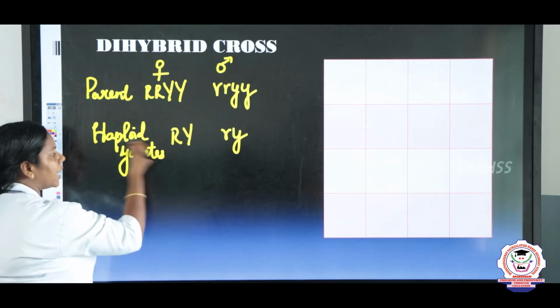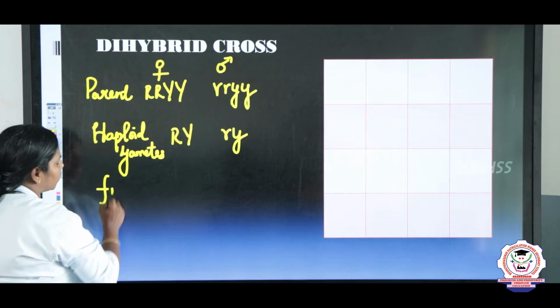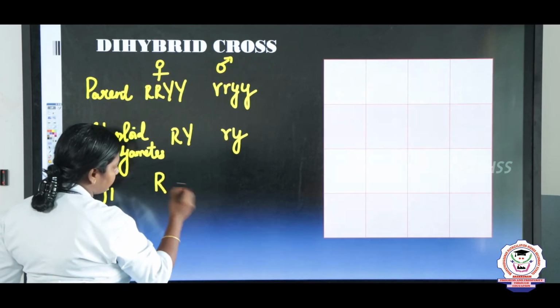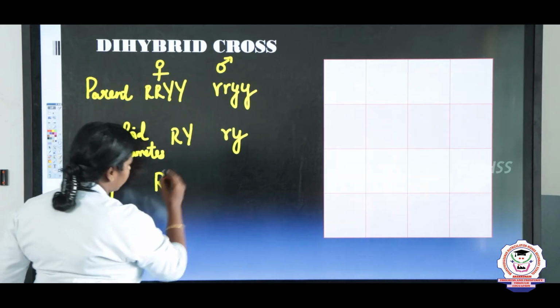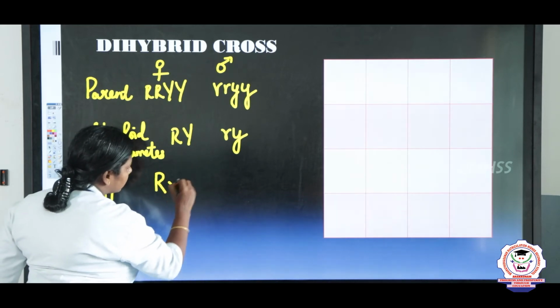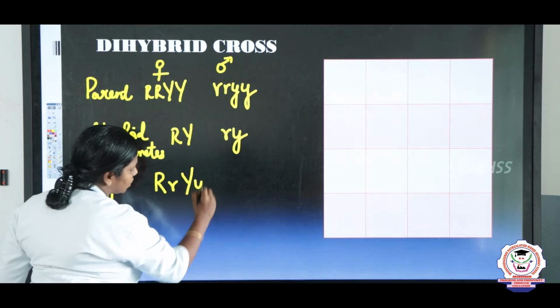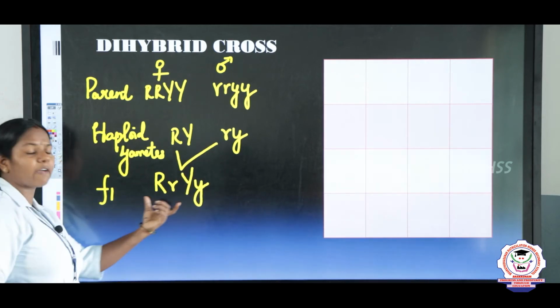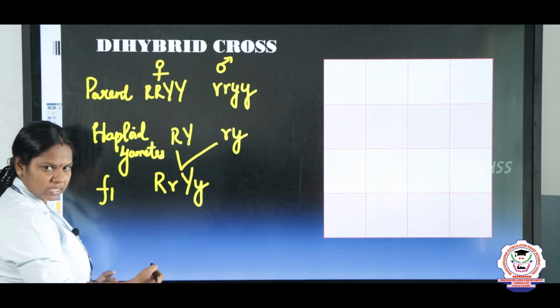And now, in the F1 generation, when we cross, what are the gametes we get? We get capital R, small r, capital Y, small y, right? When we cross this, we get like this. And when the F1 hybrids were self-crossed, right?